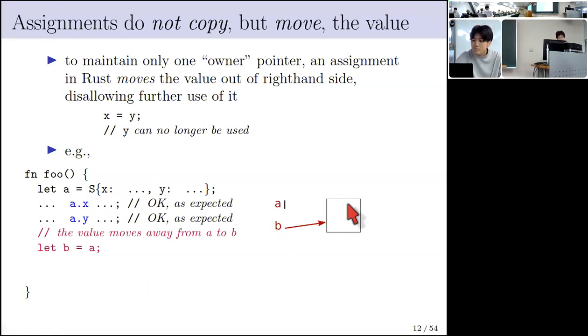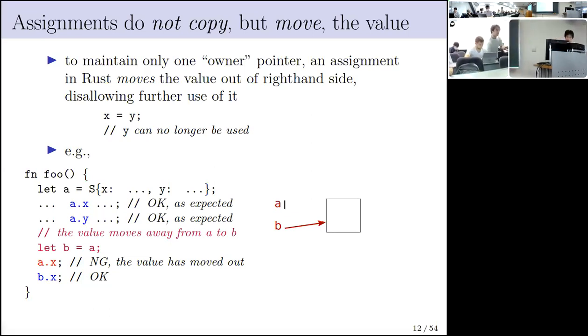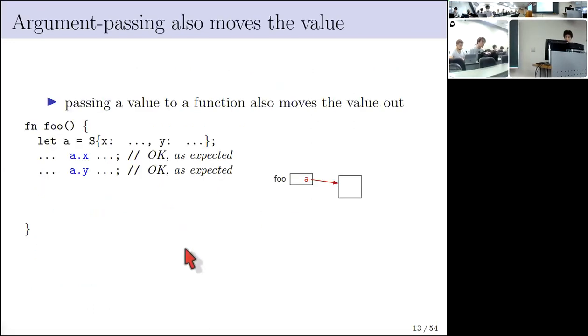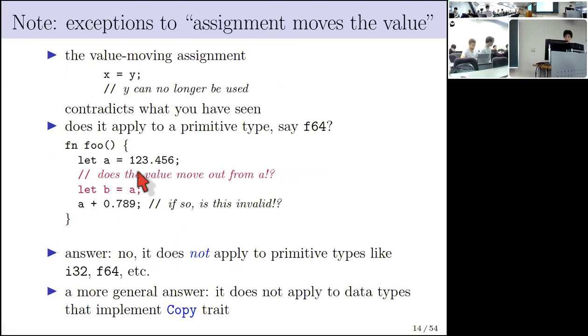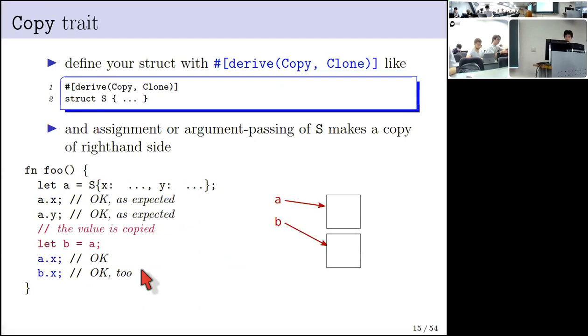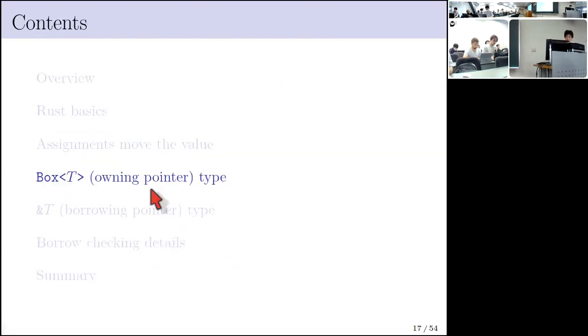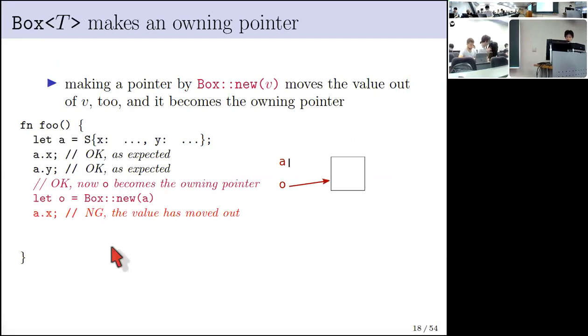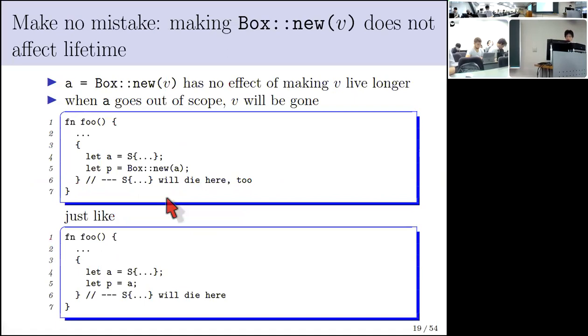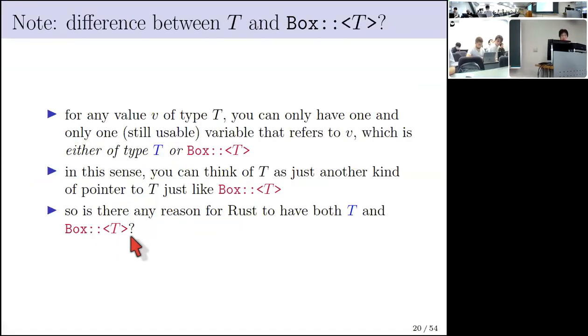You can no longer use this data structure through this variable. So A.x is invalid. That's how Rust maintains the single owning pointer rule. I was also talking about some other situations and some exceptions, and some details about the distinction between Box T and T itself, but these are not vitally important here.